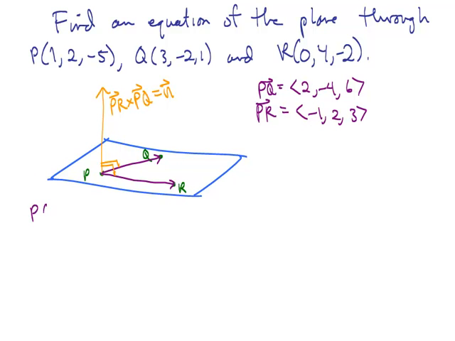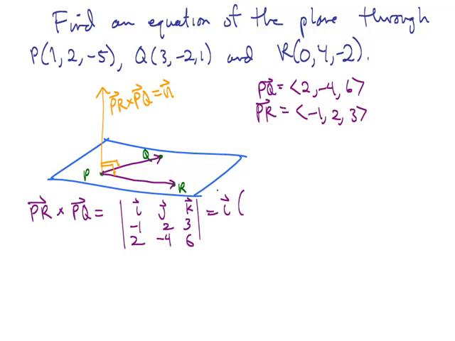So let's take now PQ. Actually, let's take PR cross PQ just to make it look nicer on our picture. We could do the other way as well. We just send our normal vector going down. That's fine. But I'm going to take PR cross PQ, so i, j, k. Let's see, negative 1, 2, 3, 2, negative 4, 6.